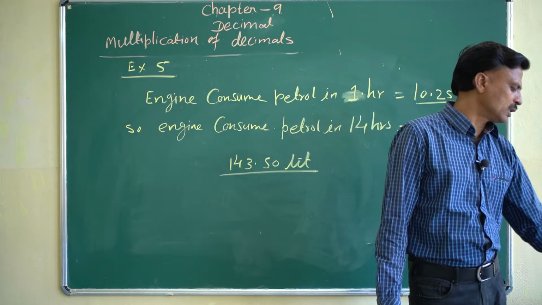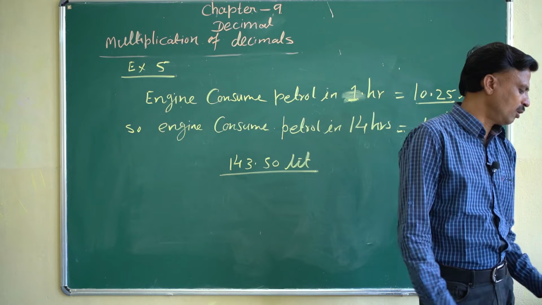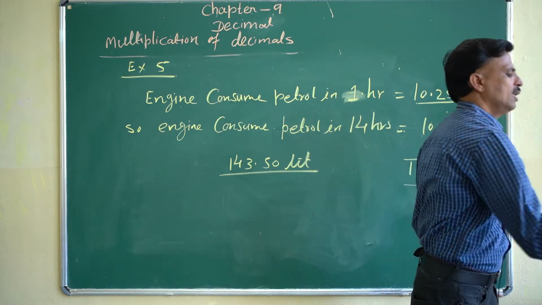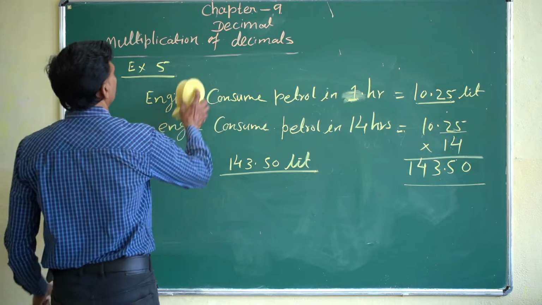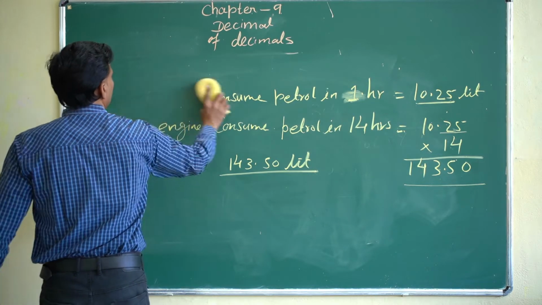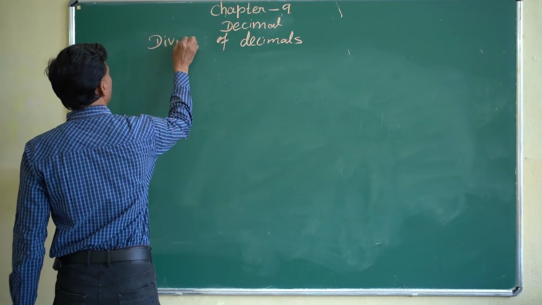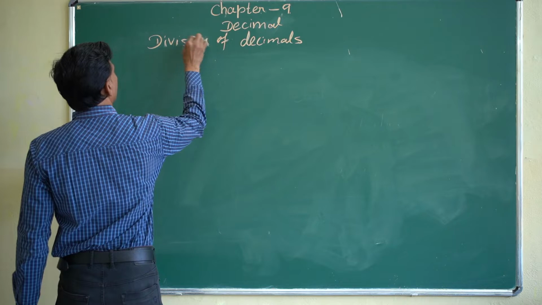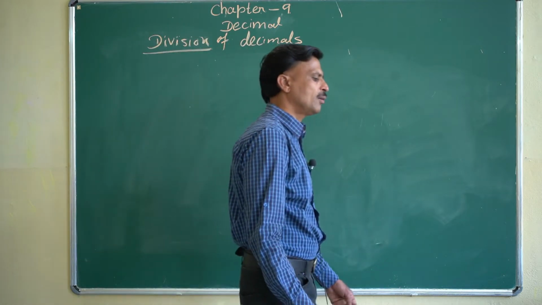So the other question I'm taking now. From multiplication, I'm now taking division of decimal numbers.